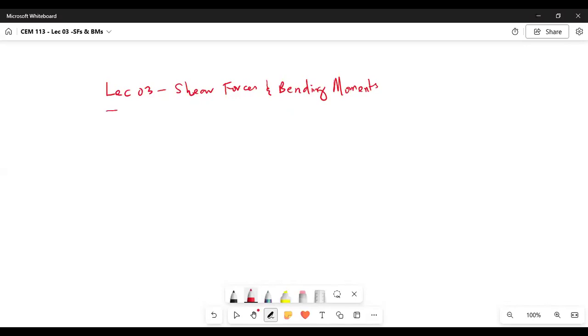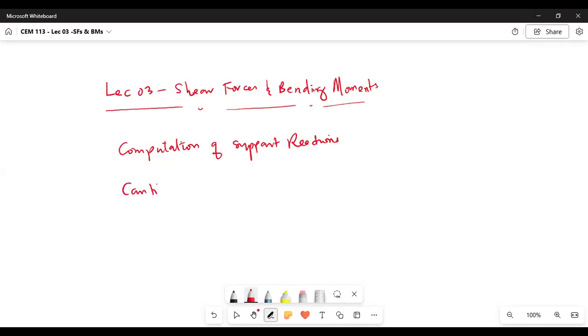So essentially, this is an extended lecture 3, even though today is supposed to be lecture 4. So we are continuing with the computation of support reactions, and now we are dealing with cantilever beams.